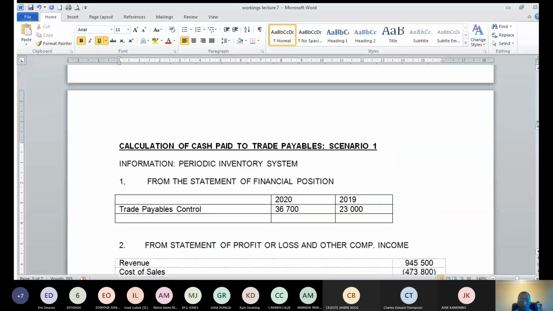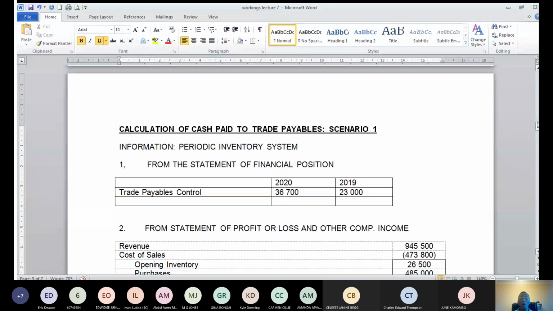Right. So if you want to calculate the cash that was paid to your trade payables or to your suppliers and employees, the big expense that you will have is the cash that was paid to your trade payables for stock, whether it was purchased on cash or on credit. That is your big expense, the purchases of your stock.